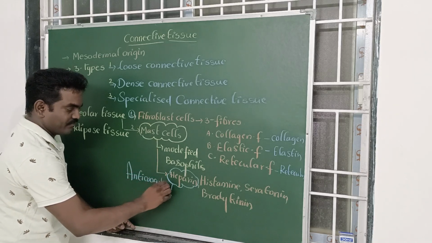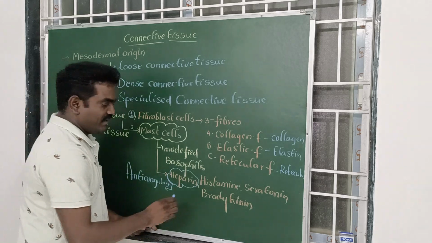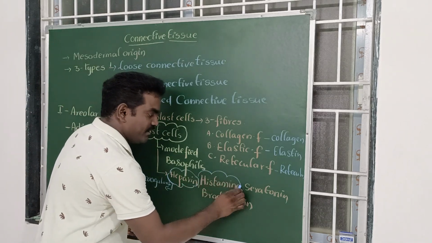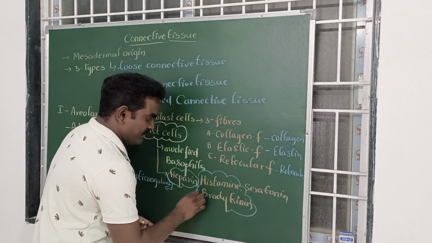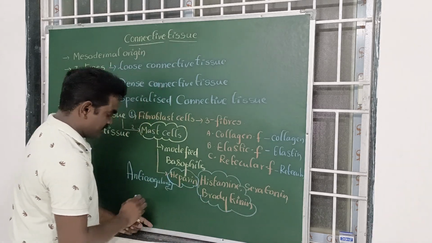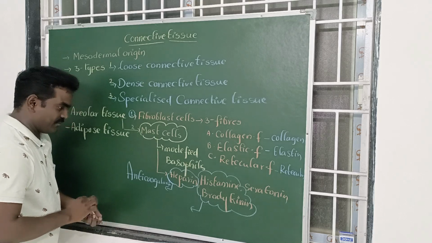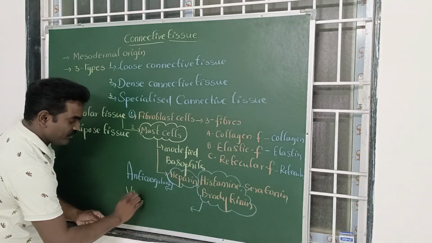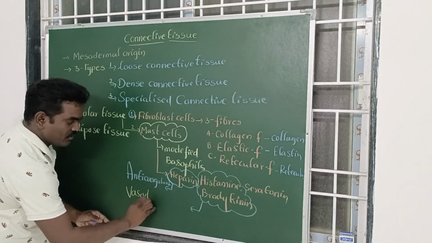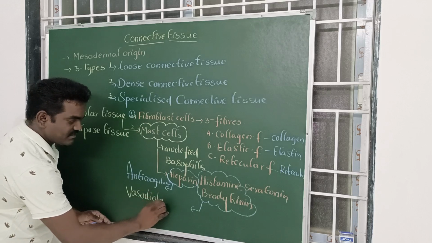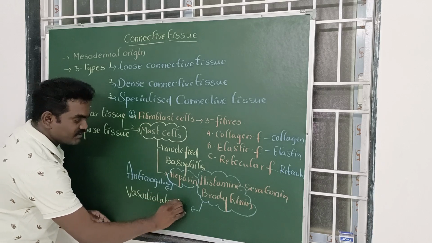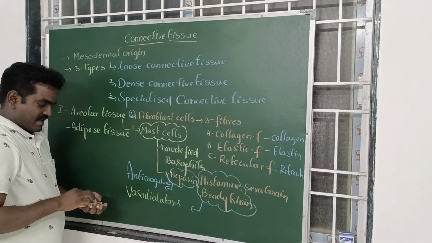Histamine and bradykinin are considered vasodilators, I mean, causing swelling at the time of injuries.